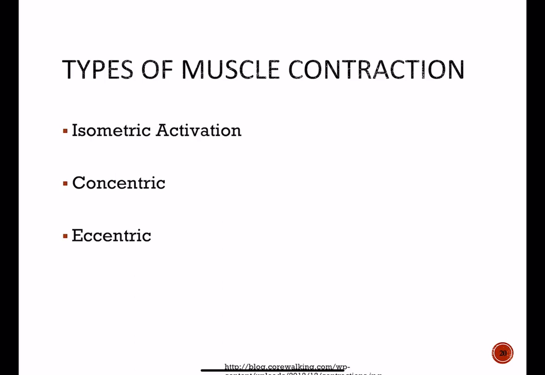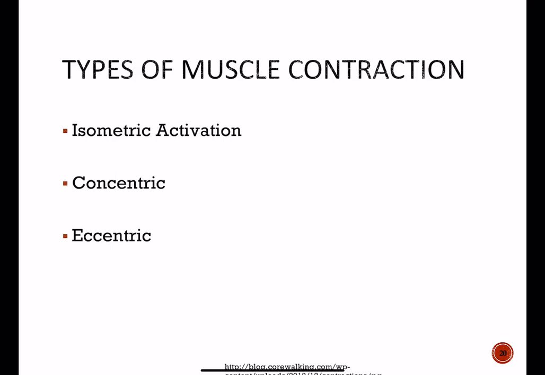So isometric activation. Isometric means there's no change in length, right? So the activation of the actin and myosin is used to stabilize joints and the body as a whole. You can use an isometric contraction. If you allow a maximal isometric contraction, that would be the summation of the length tension, active force, and passive tension.